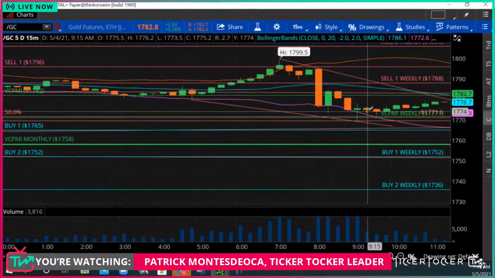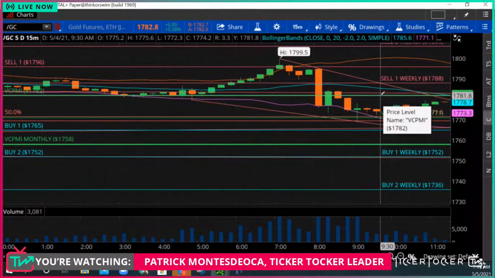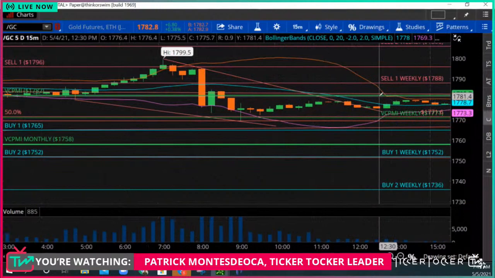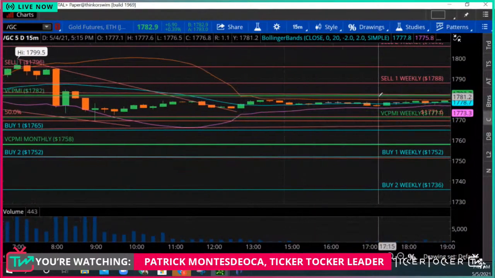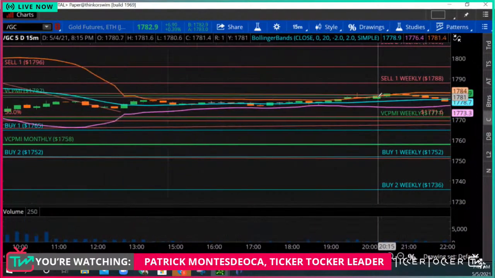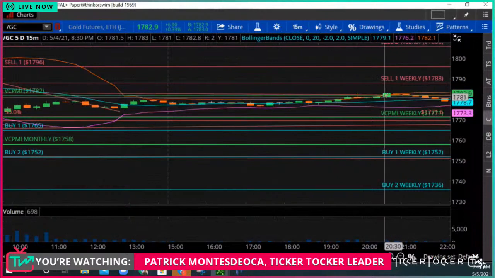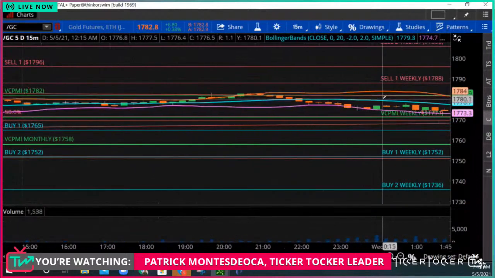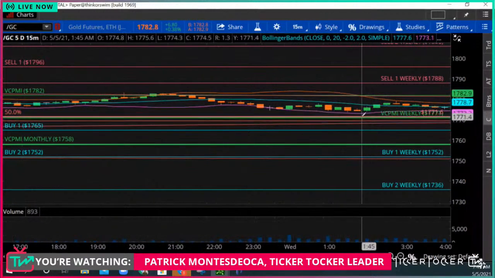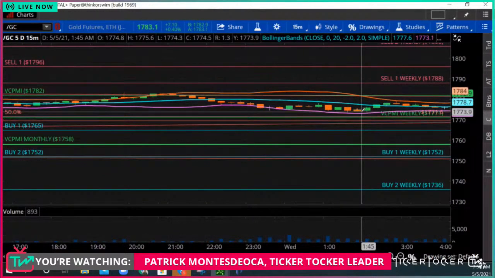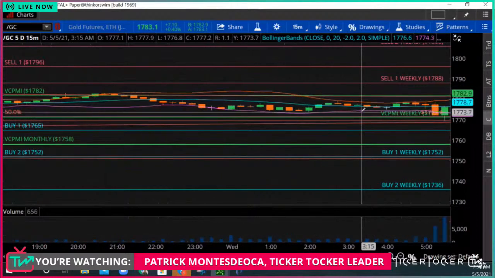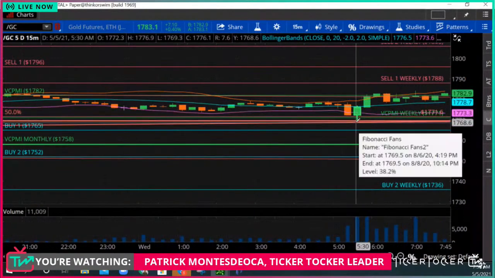And what does it do? It activates the targets above. Completed. You go neutral again. You wait. And this is what is called the VCPMI, or the variable changing price momentum indicator.